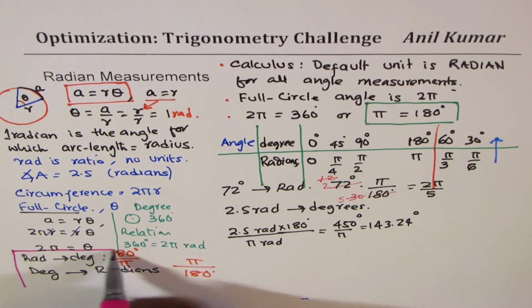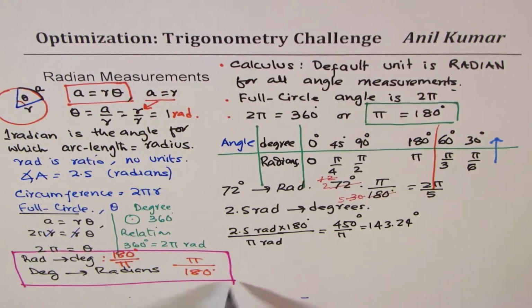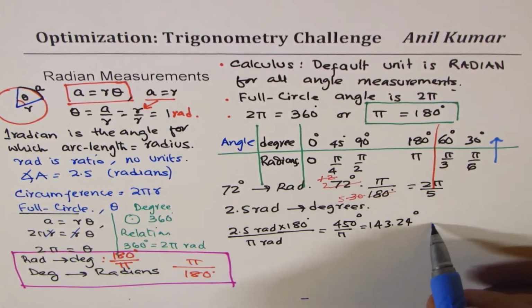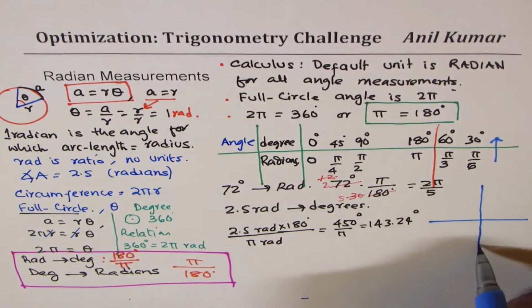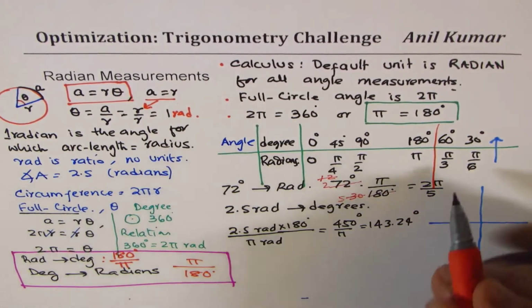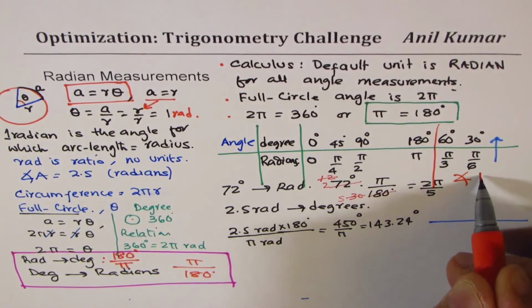Now the next thing which we'll talk about is how to sketch angles in radians, right? So how to sketch angles in radians, this is what we'll now discuss. So let me make two kinds of sketches here. We'll now see how to sketch angles in radians.